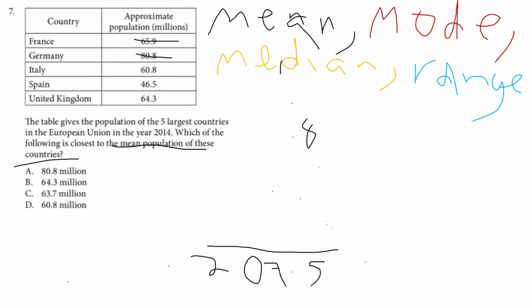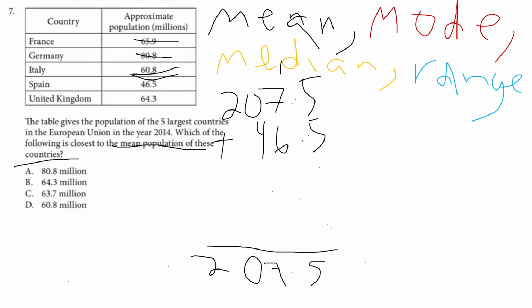So next, I am going to take the next number, and you might get a calculator for this in your Accuplacer test, but if you don't, I'm just showing you how to do this. So next, we're going to take that 207.50 plus 46.5 gives us 10, 14, 5, 254.